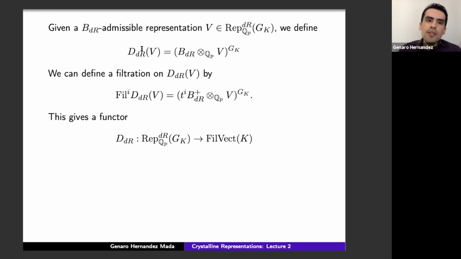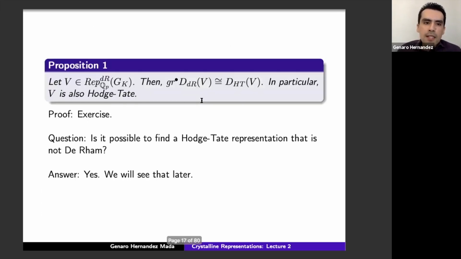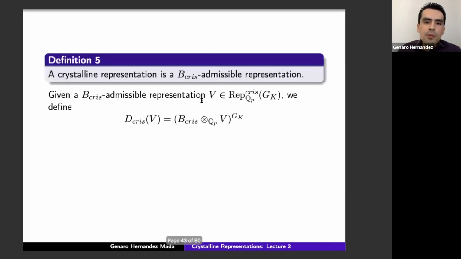Here, basically we just change dR for Cris, right? And here we change dR for Cris. Here the filtration is a little different. Well, it's actually induced by this one, but it's not exactly just changing dR for Cris. But we can put here the filtration of B Cris, and so that would be the filtration on the Dieudonné module, this one.